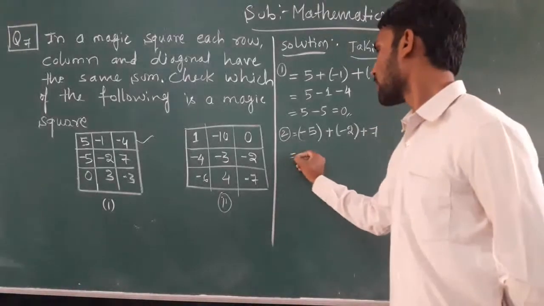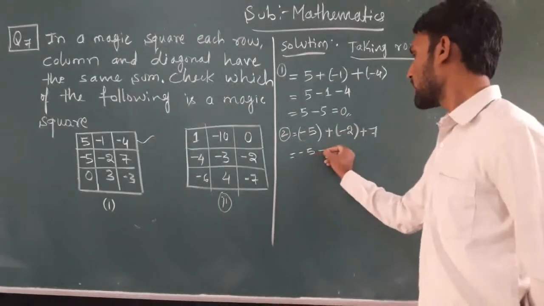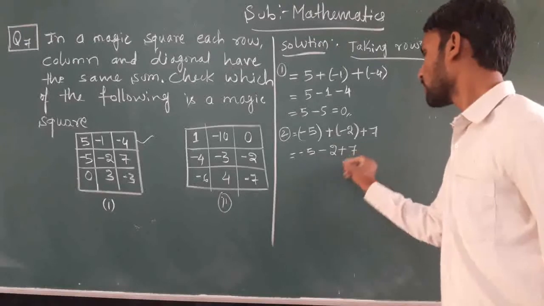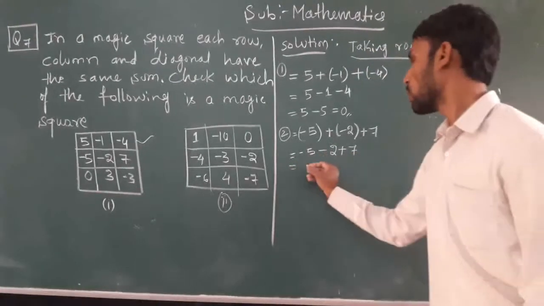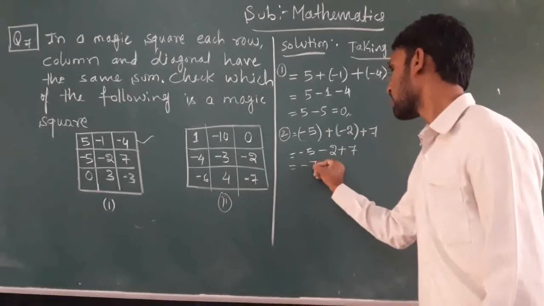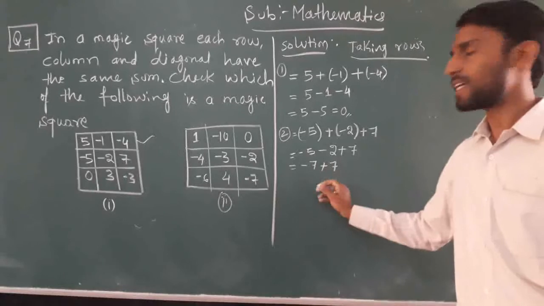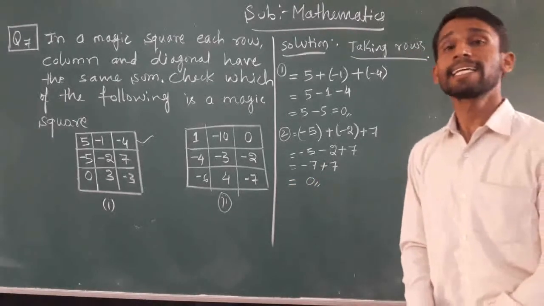When we add the negative integers minus 5 minus 2, we are getting minus 7 plus 7. When you do subtraction, you are getting again 0. This is also 0.